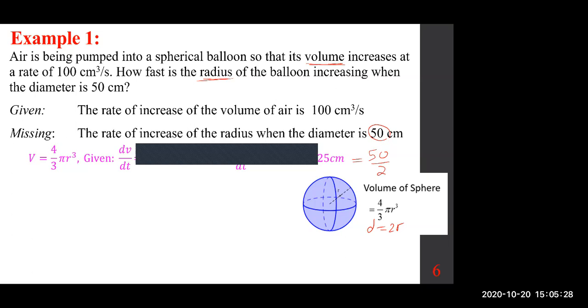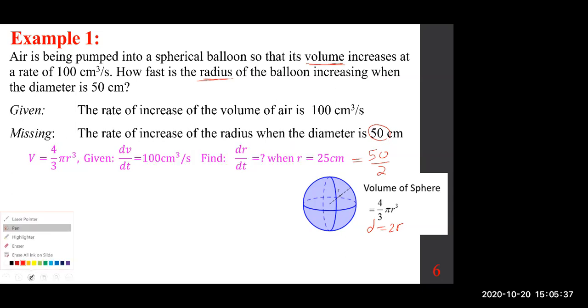Remember, the volume is 4/3 pi r cubed, and you want to differentiate this. dV/dt is of interest to us, where V is a function of r, so you're using the chain rule. dV/dt is dV/dr times dr/dt. I hope you see that, everybody.